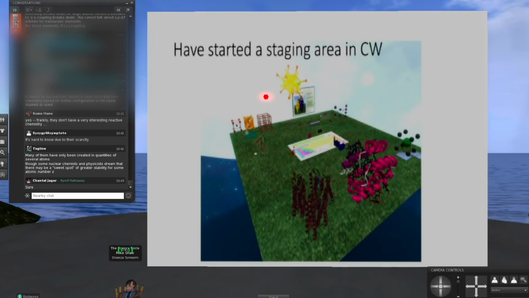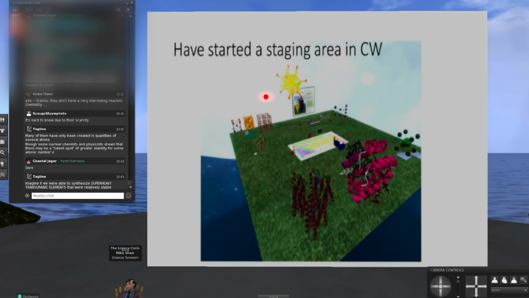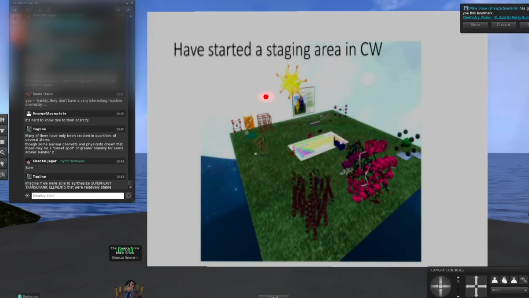Let's see. I can give you a landmark to this thing. I'll have to find it. Landmarks. And if I put that in chat, no. Okay, so I sent everyone a landmark.